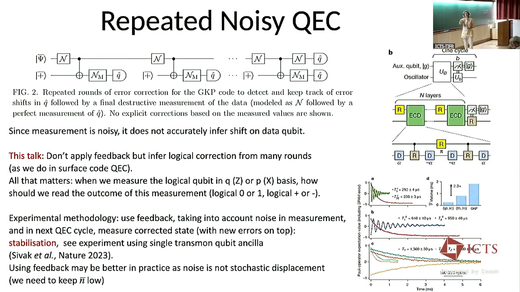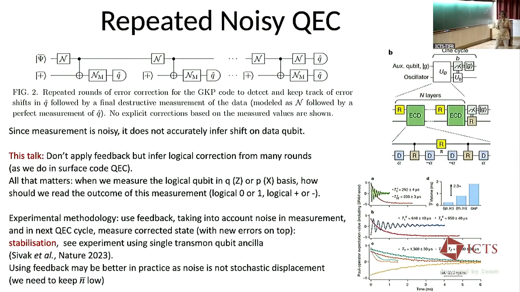Another advantage is that if your state starts drifting into part of phase space where all kinds of approximations don't hold, you'd rather not be there because then you know that your operations get noisier. So for example, you'd like to keep your average photon number as low as possible, centered around 0, right? And so if your GKP state shifts to a higher average photon number, you'd like to push that back.